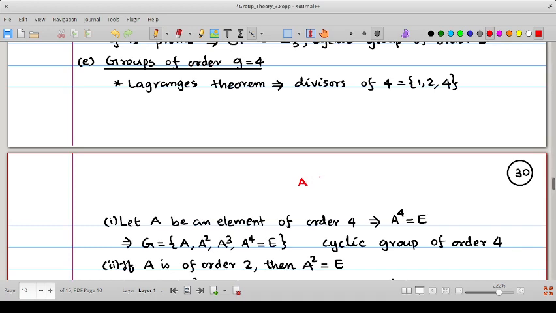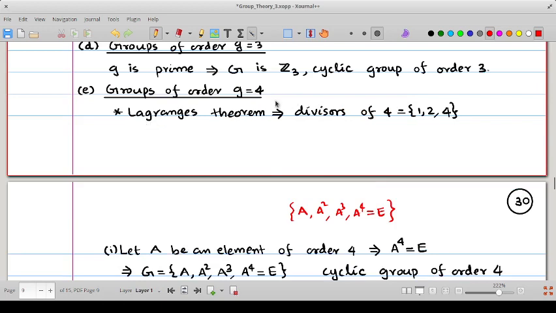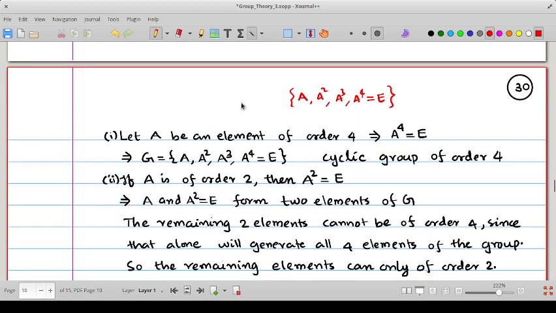Say if we call this element A, the elements generated by that element will be A square, A cube and A to the power 4, which will be equal to E because A is of order 4. So this has generated 4 elements, and therefore it is a group of order 4. Obviously, this is a cyclic group of order 4. So the first possibility for a group of order 4 is that it is a cyclic group of order 4.